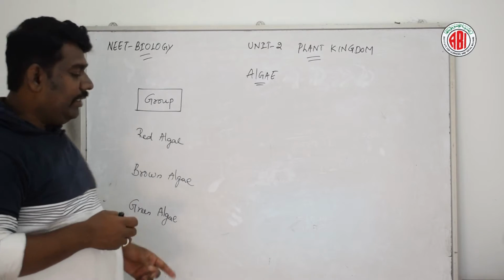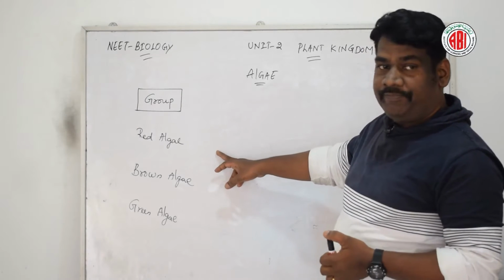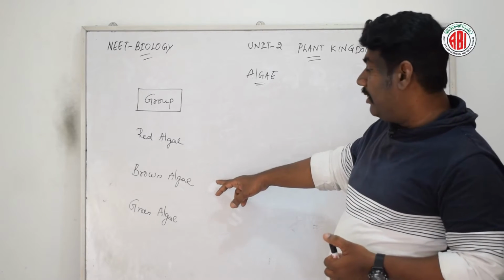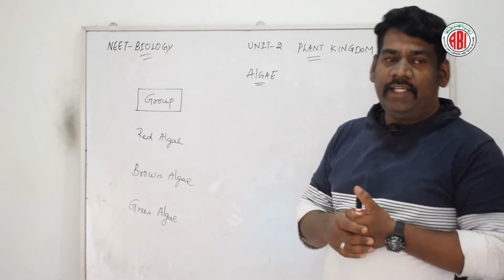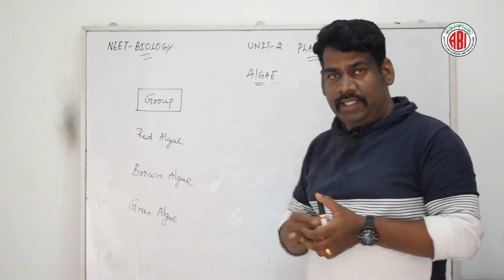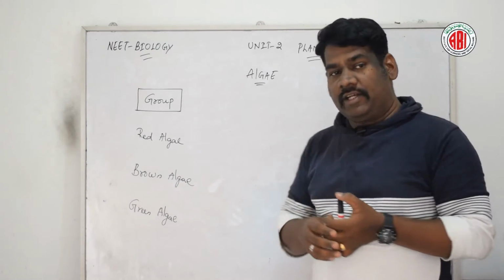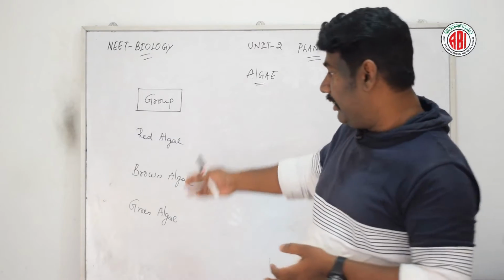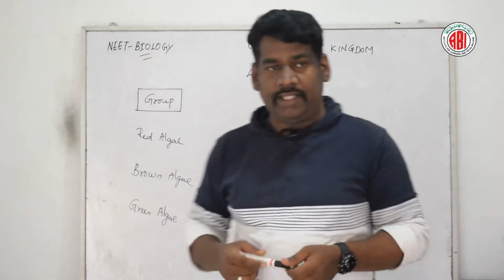Here are three different groups: red algae, brown algae and green algae. Red algae are also called rhodophytae, brown algae are also called phaeophytae, and green algae are also called chlorophytae. These are the different names under the category of algae.